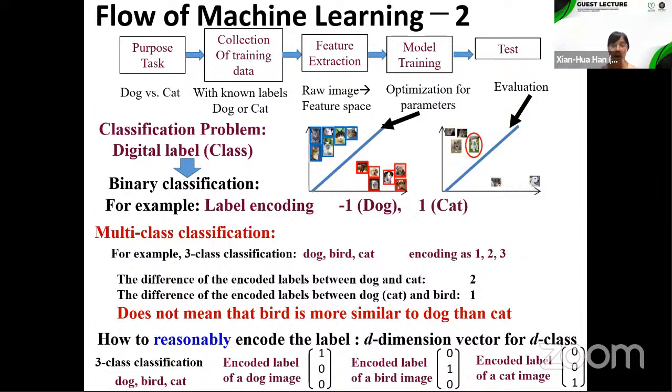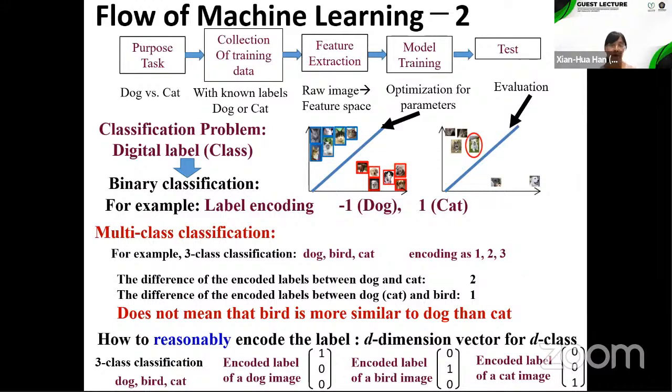Usually, in most machine learning image classification systems, the popular encoding method is encoding the text label into an N-dimension vector for an N-class recognition problem.